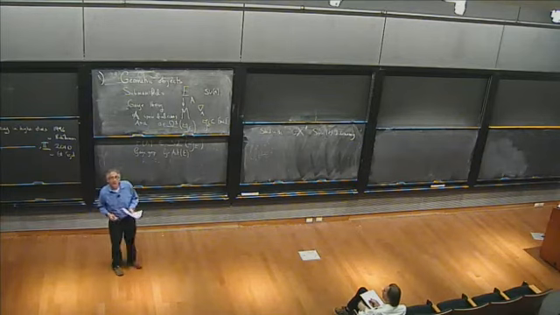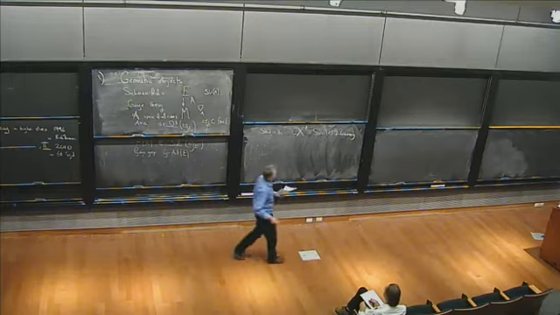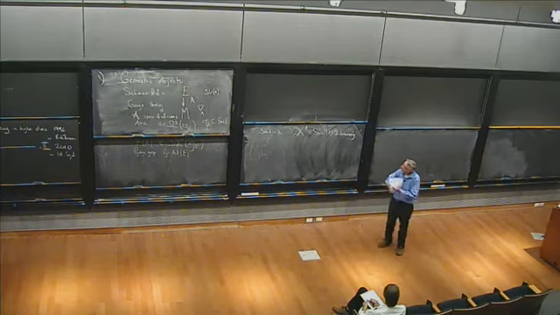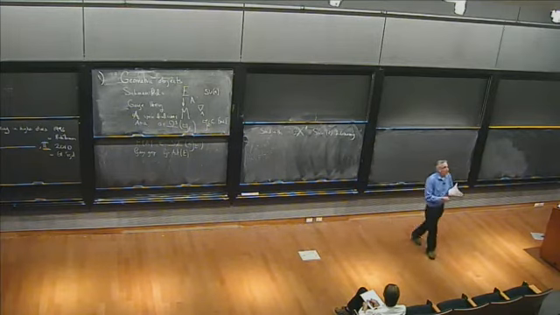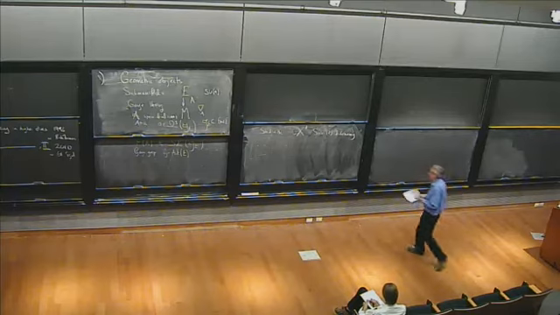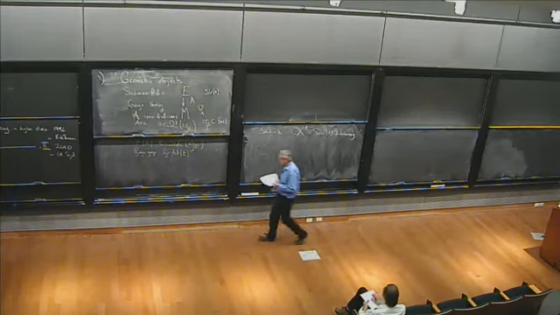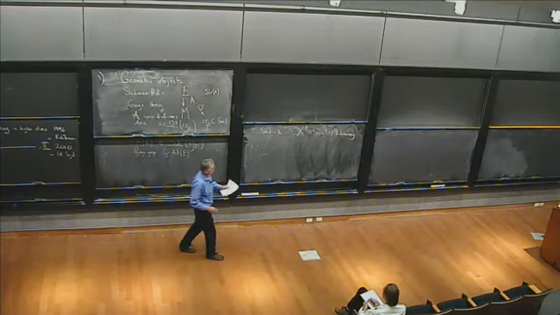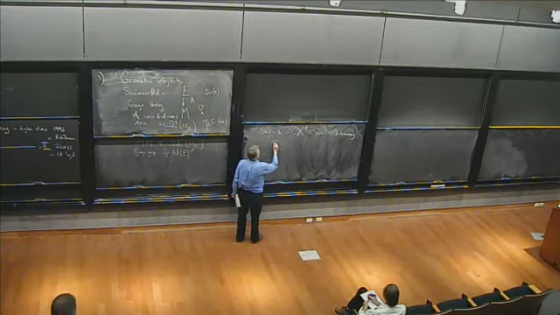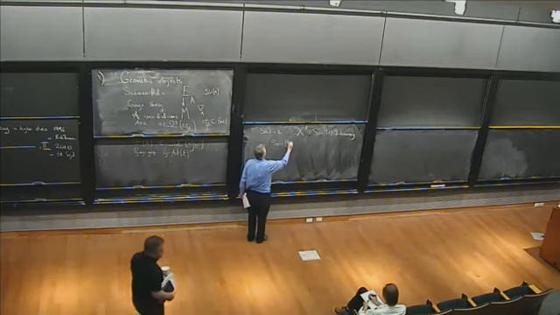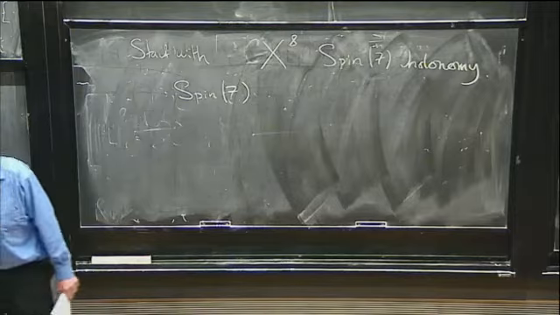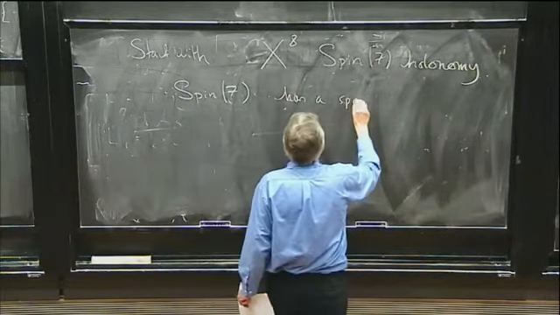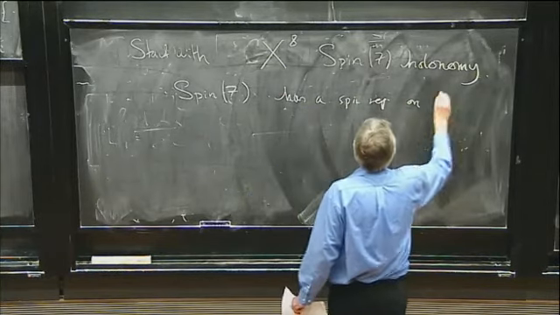We had a lecture this morning by Spiro explaining the definition of this, one point of view on the algebraic structure involved, and there are many different ways one could go about setting that up. I'll take a slightly different point of view here in terms of spinors. If we just accept that we know that Spin(7), that's to say the double cover of SO(7), has a spin representation on R8.